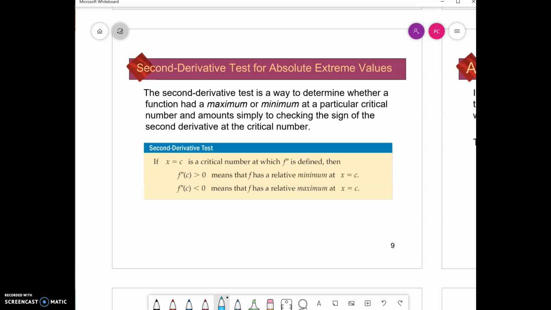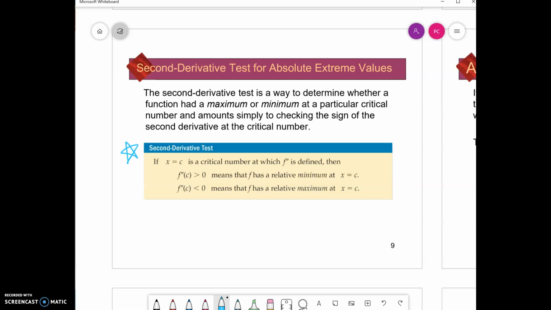The second derivative test is a way to determine whether a function has a maximum or minimum at a particular critical number. It amounts simply to checking the sign of the second derivative at the critical number. Okay, so if you haven't put that on your list of formulas or rules yet, this is a good one to add. So we know x equal to c is a critical number at which f double prime is defined.